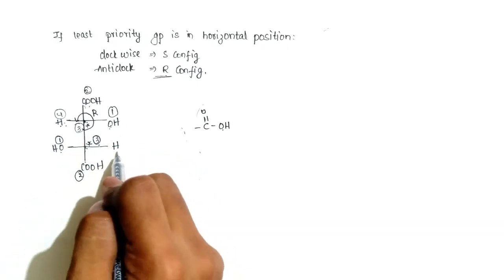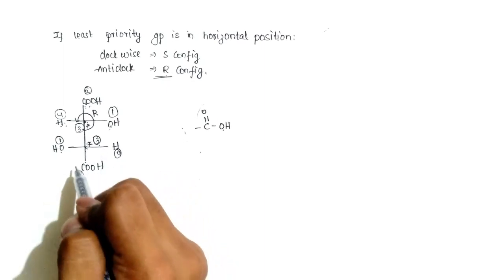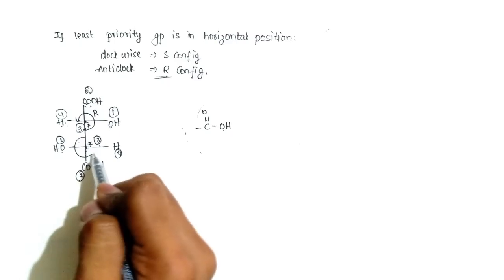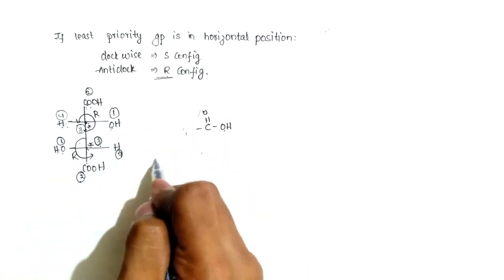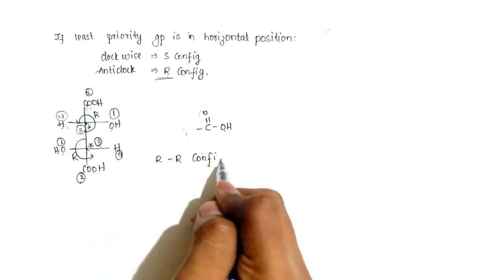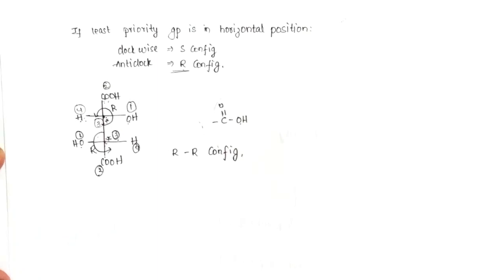So again least priority is in horizontal position, and 1, 2, 3 is in anti-clockwise direction. So again it is an R configuration. So it is RR configuration. So this is how we name a chiral center as R configuration or S configuration.